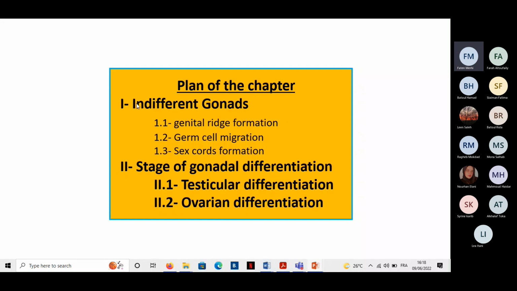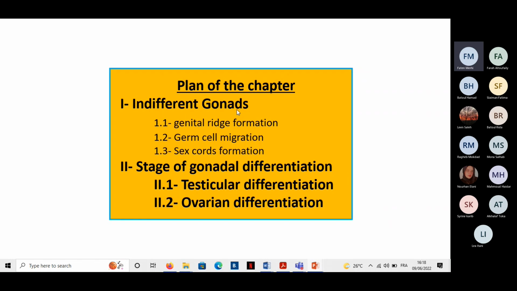First of all, we'll start by talking about the indifferent gonads, because at the beginning, when the fetus is formed, the gonads are indifferent between both of the sexes. That's why we call them indifferent gonads.